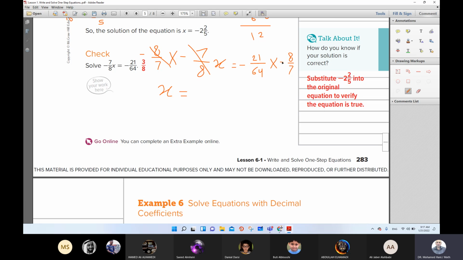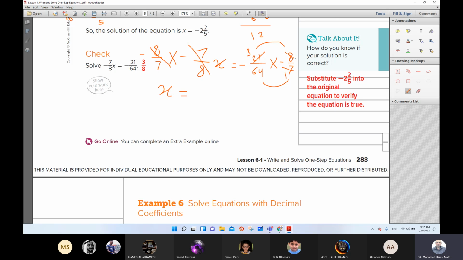Negative times negative, positive. We can multiply numerator by numerator and denominator by denominator, and we can do simplest form. You have here 21 up and 7 down. 7 divided by 7 equals 1, and 21 divided by 7 equals 3.